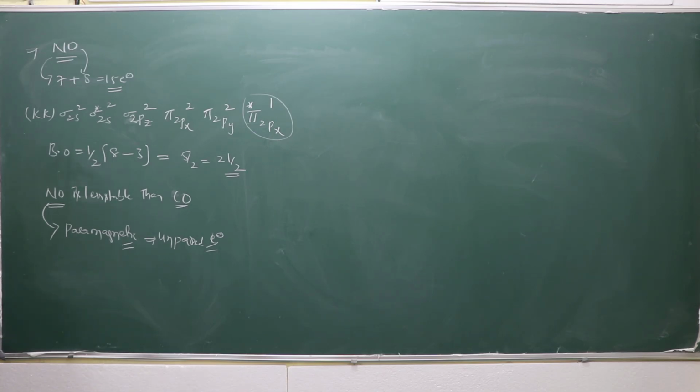Only one electron is there, an unpaired electron. That's why NO is called paramagnetic.